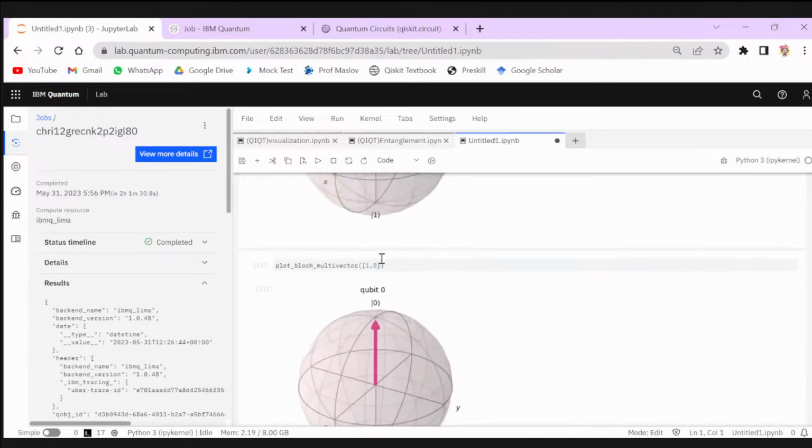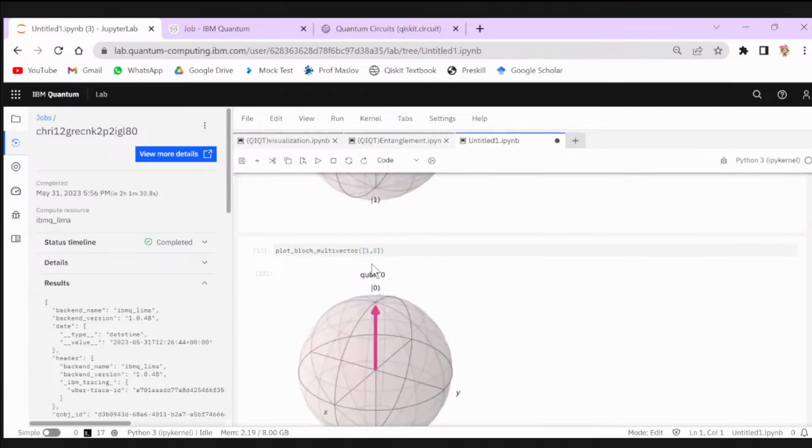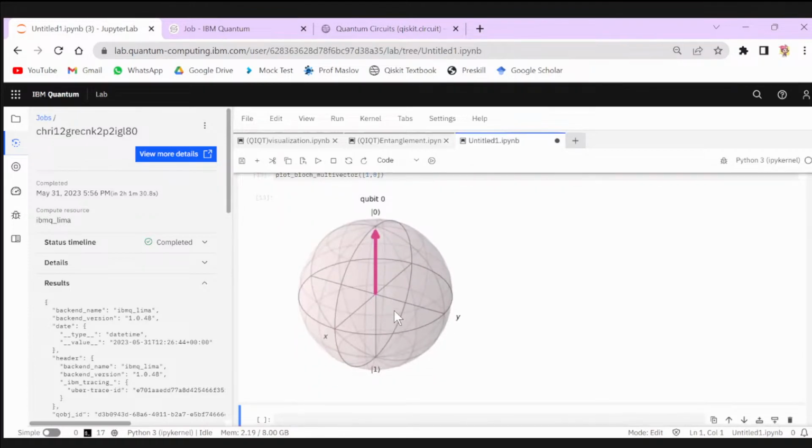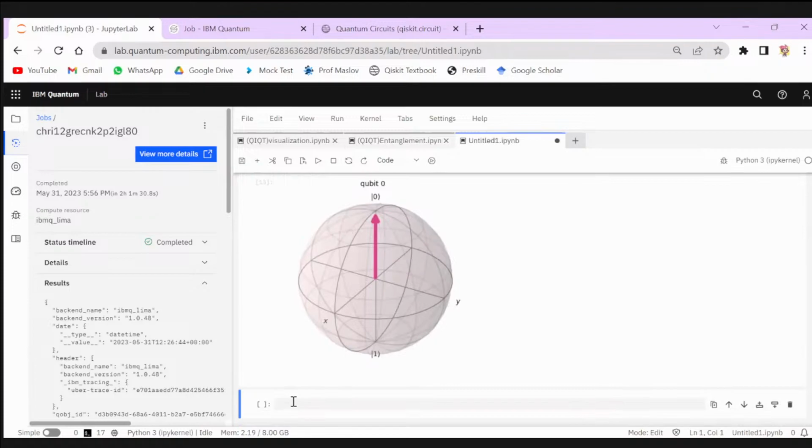That's how you can plot any arbitrary state, if you know the vector form of the state you want to plot. Now, if you have the spherical coordinates for the Bloch sphere, can we plot that also, like if we know the theta and phi values? If you know the coordinates, you can plot that in Qiskit. Let's try it.